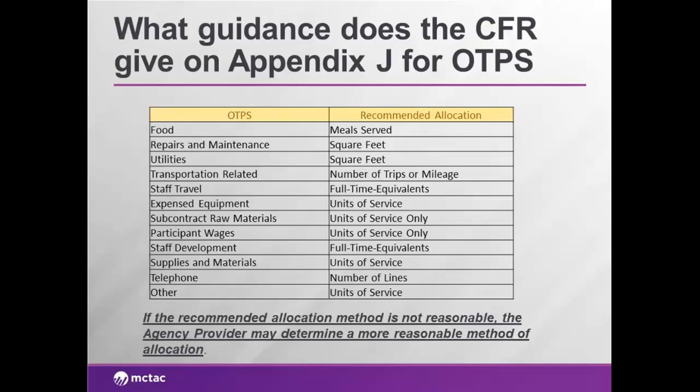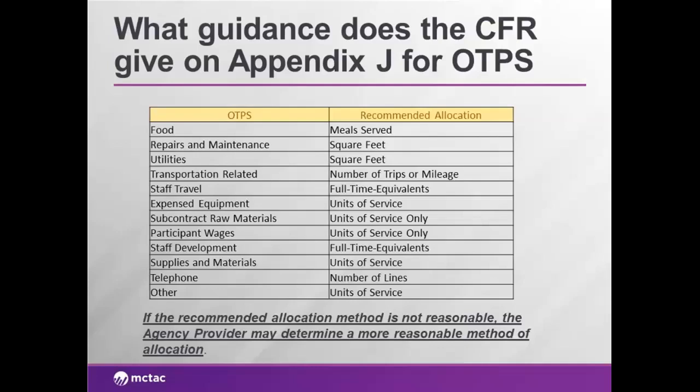Worst case scenario, what you don't want to face is having an audit of some form, and the auditor coming in and asking you how you allocated this particular cost, and you can't remember. Or maybe you remember how you're allocating it, but you don't remember what the justification was, why you could not use the methodology that was recommended.